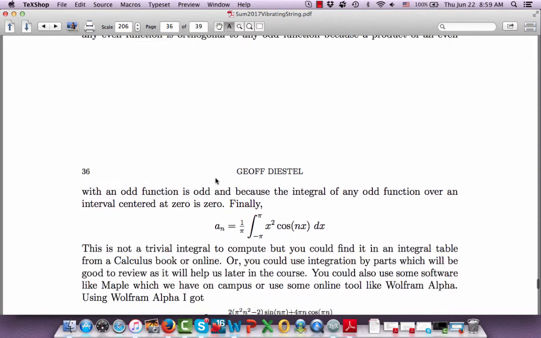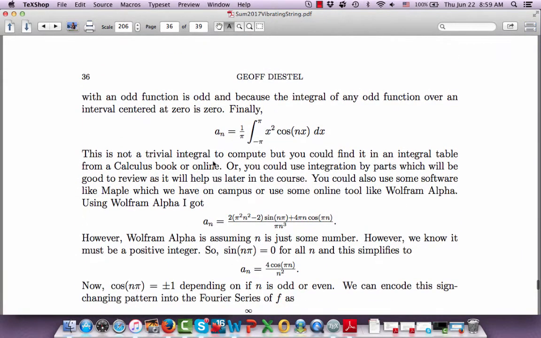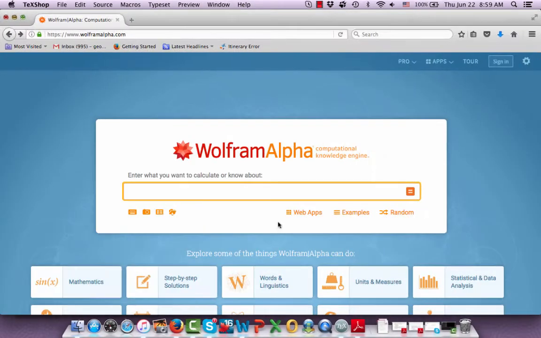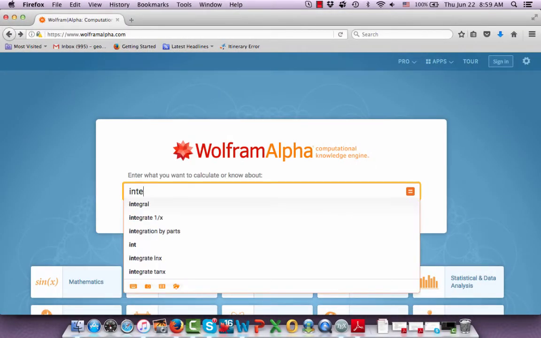But for the general coefficient a sub n, we have to compute this integral: 1 over pi times the integral from negative pi to pi of x squared times cosine nx. We can do this using Wolfram Alpha, and let me show you what I did. We go to Wolfram Alpha and look for integrate.